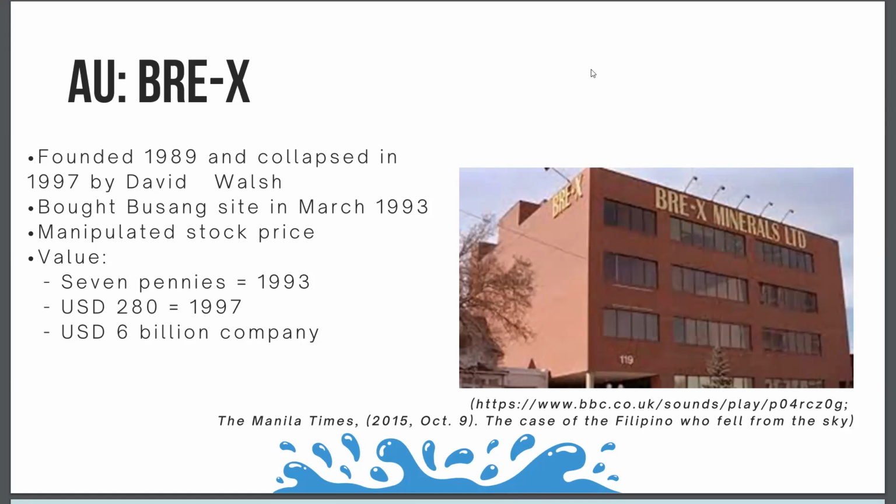Legit guys, may gold. Para ba mabigyan niya ng authority and mabigyan ng tamang hinala yung mga tao. So, ayun nga, from 7 pennies sa stock market value in 1993, within 4 years, naging 280 US dollars yung kanilang stock values, which gave the company 6 billion US dollars. So next slide po.